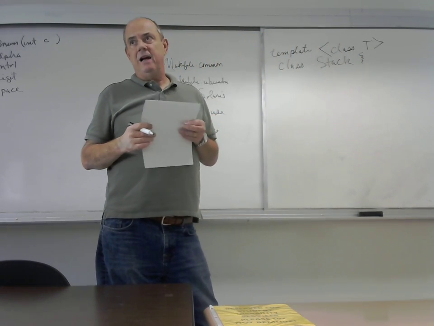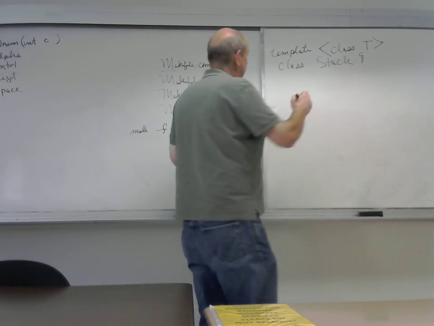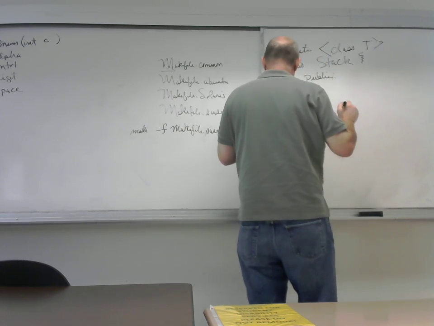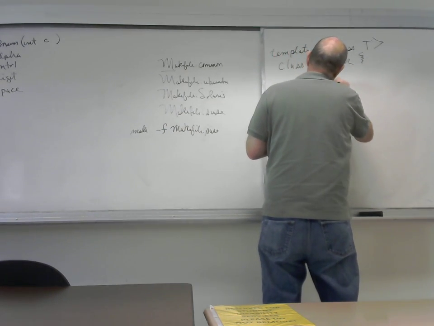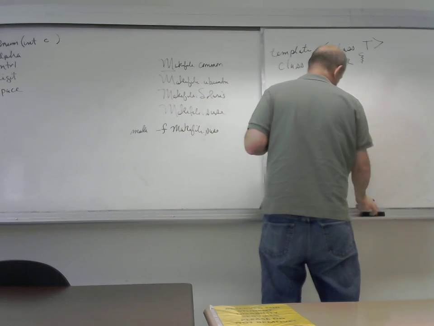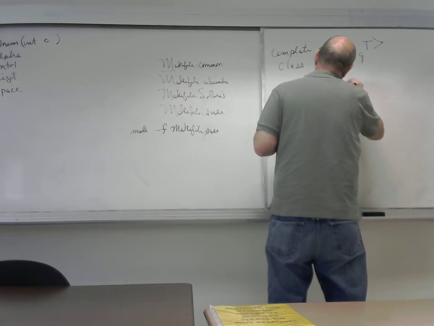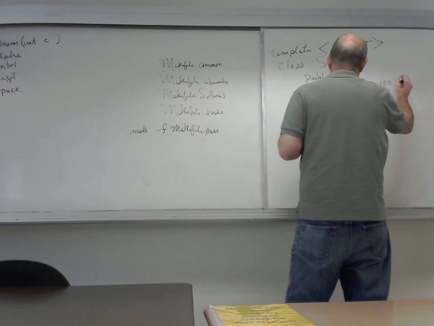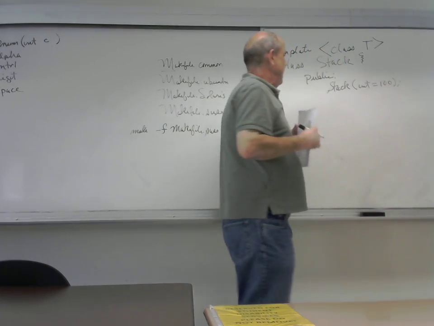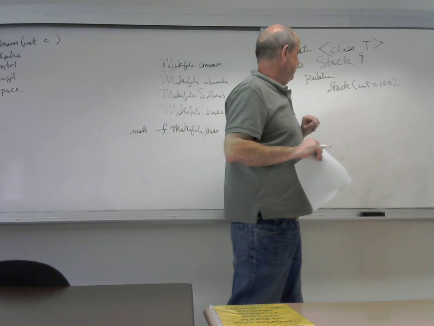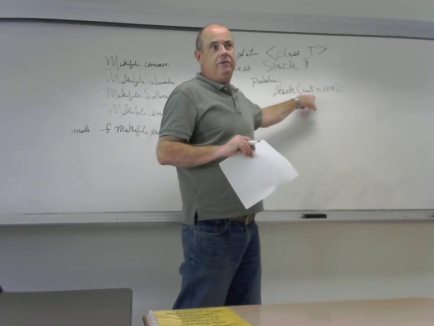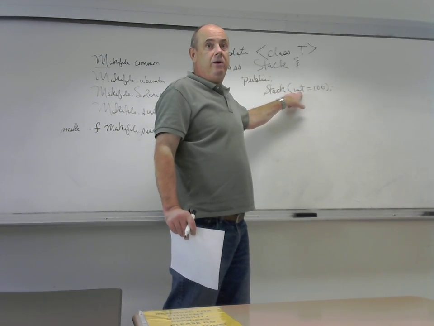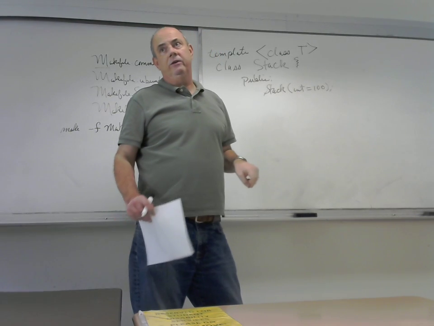So T is the type, but it can be anything. Public: Stack. Now, another thing we have here that you don't in Java is you can set the type values this way. So a person can pass in a value here, but if they don't, they get 100. So it's the default.